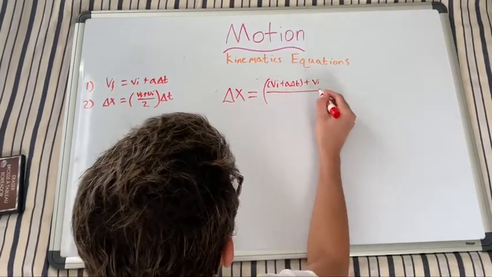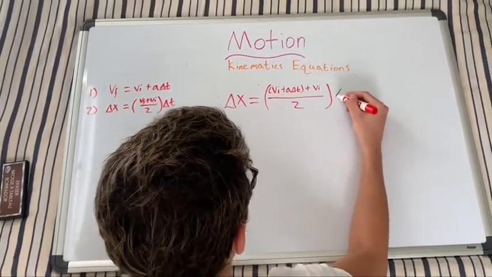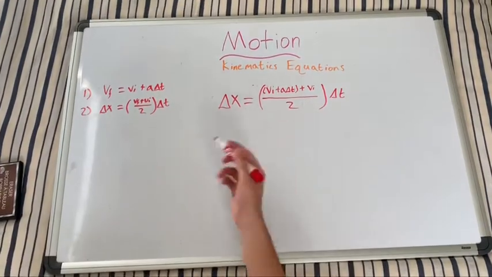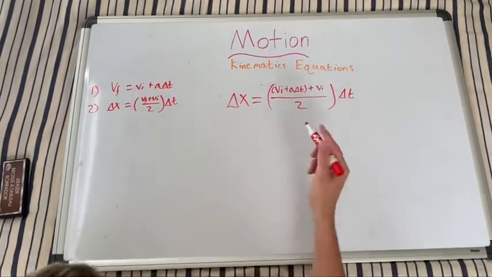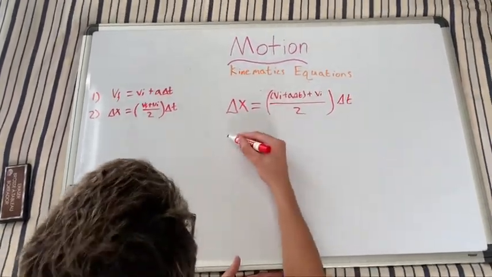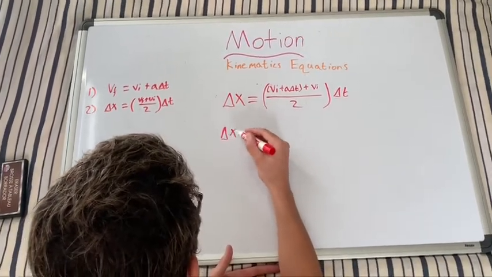This is all over 2, multiplied by delta t. Now we just do some simple algebra and simplify the expression.